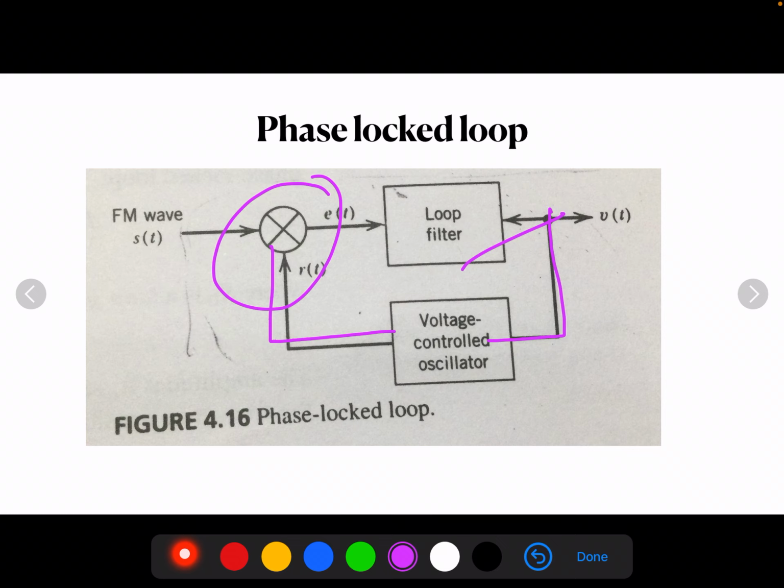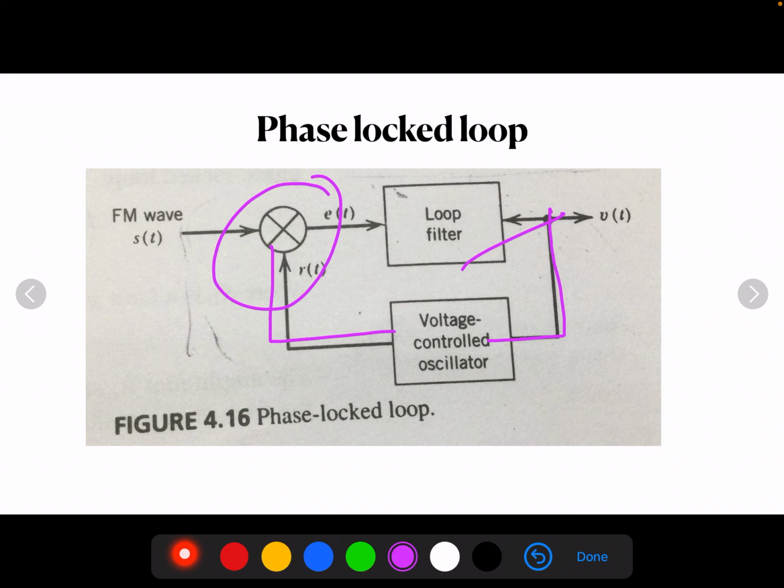So the VCO is a sinusoidal generator. Its frequency is determined by the voltage applied to it from an external source. Any frequency modulator may act as a VCO.